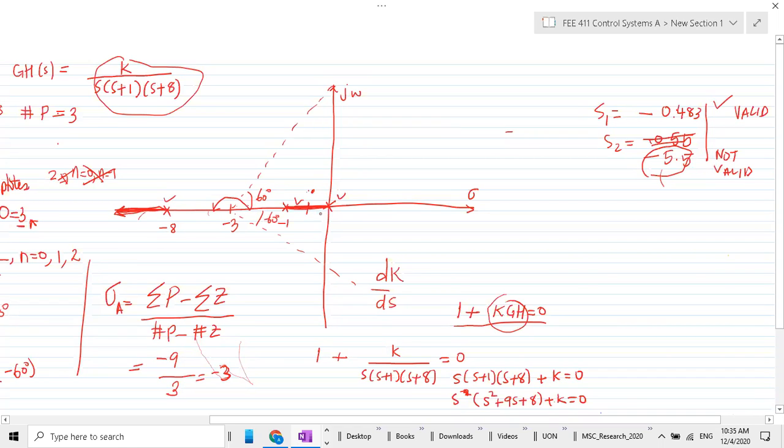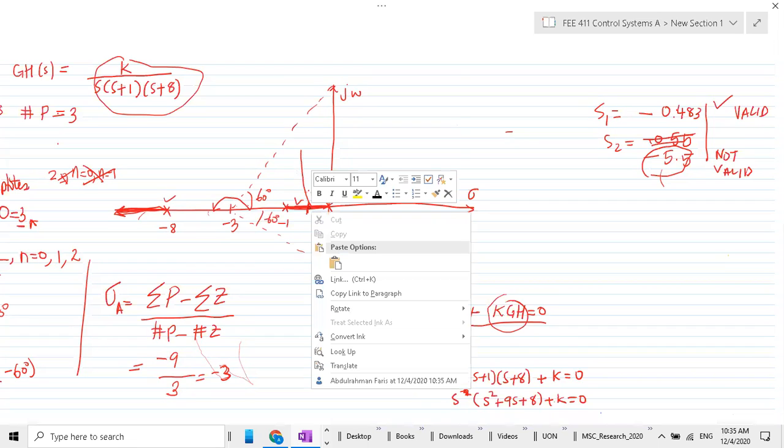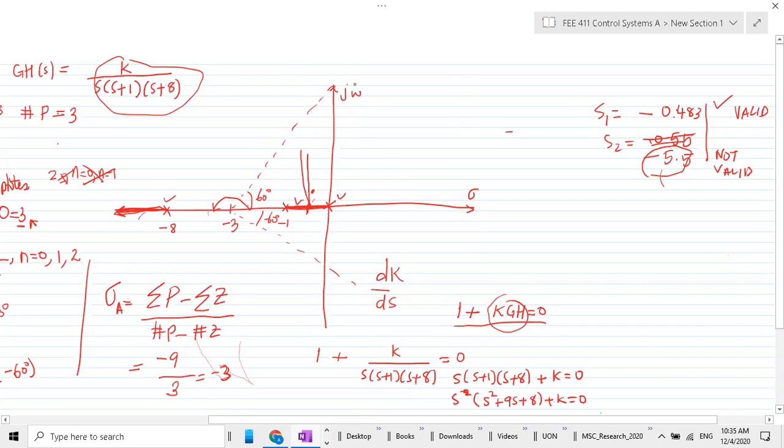So it means these two poles come and break. Excuse me, sir.